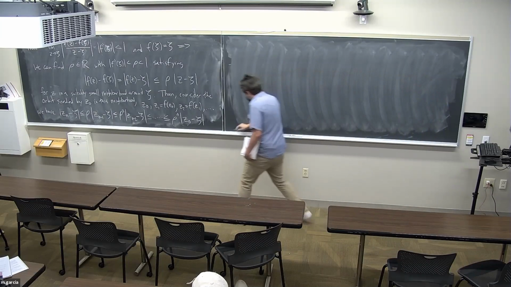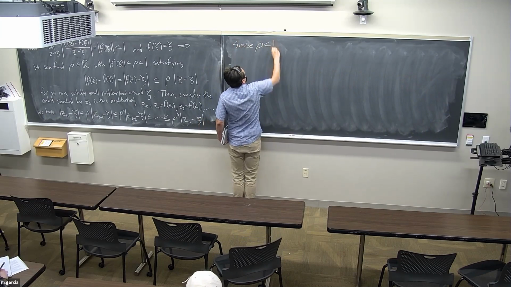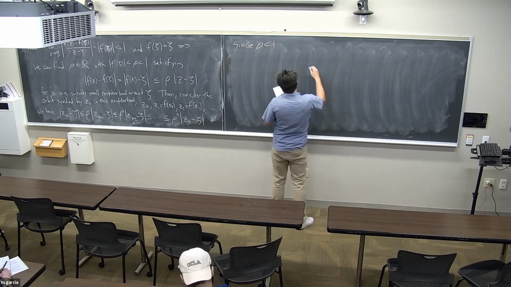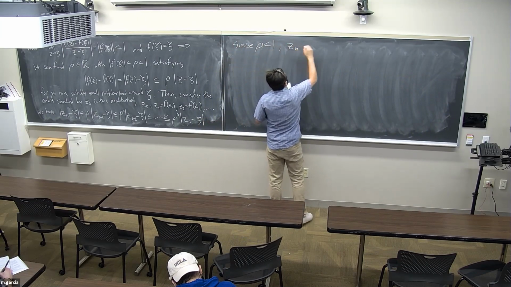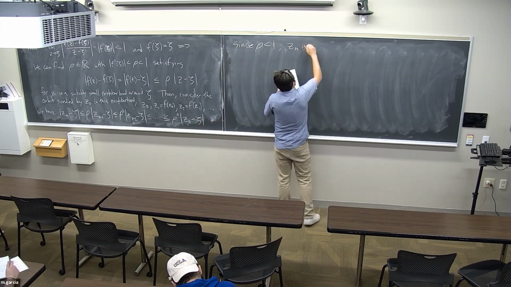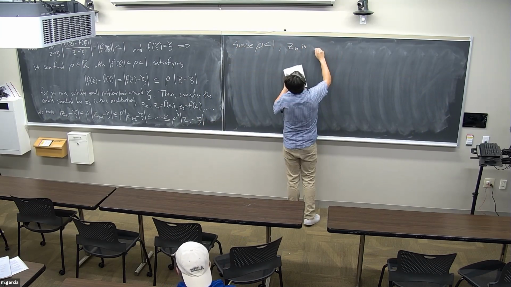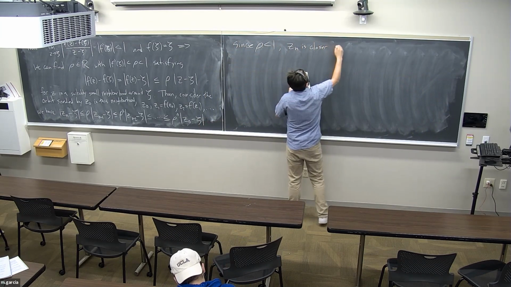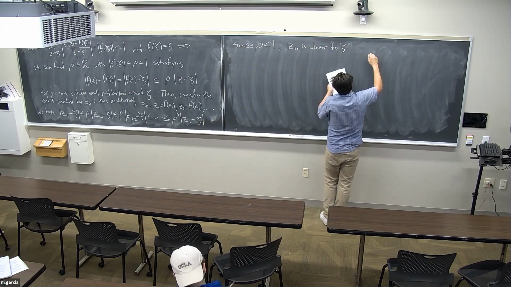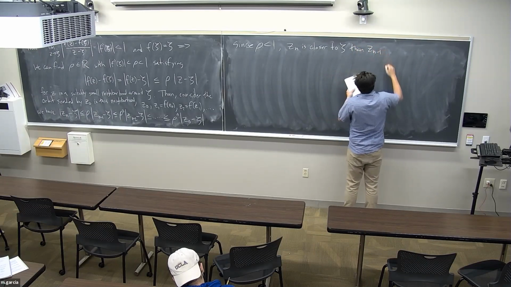So, since rho is less than 1, z sub n is closer to zeta than z sub n minus 1.